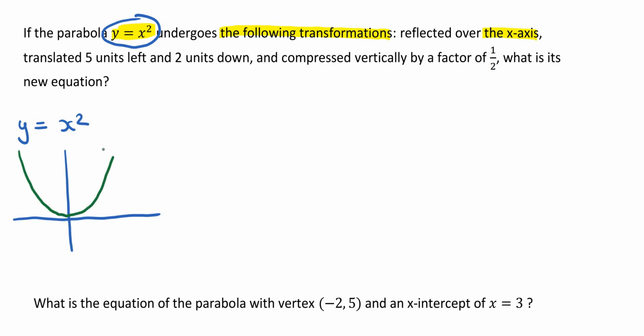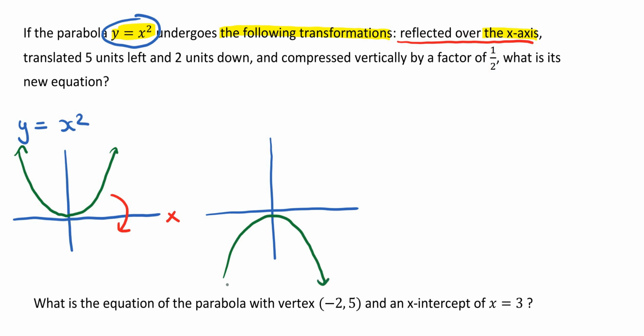This is the basic graph of a parabola. And if it's reflected over the x-axis, that means we want to reflect this down there. So our new graph looks like this. That's what we call a reflection across the x-axis. And now this equation will be y = -x².